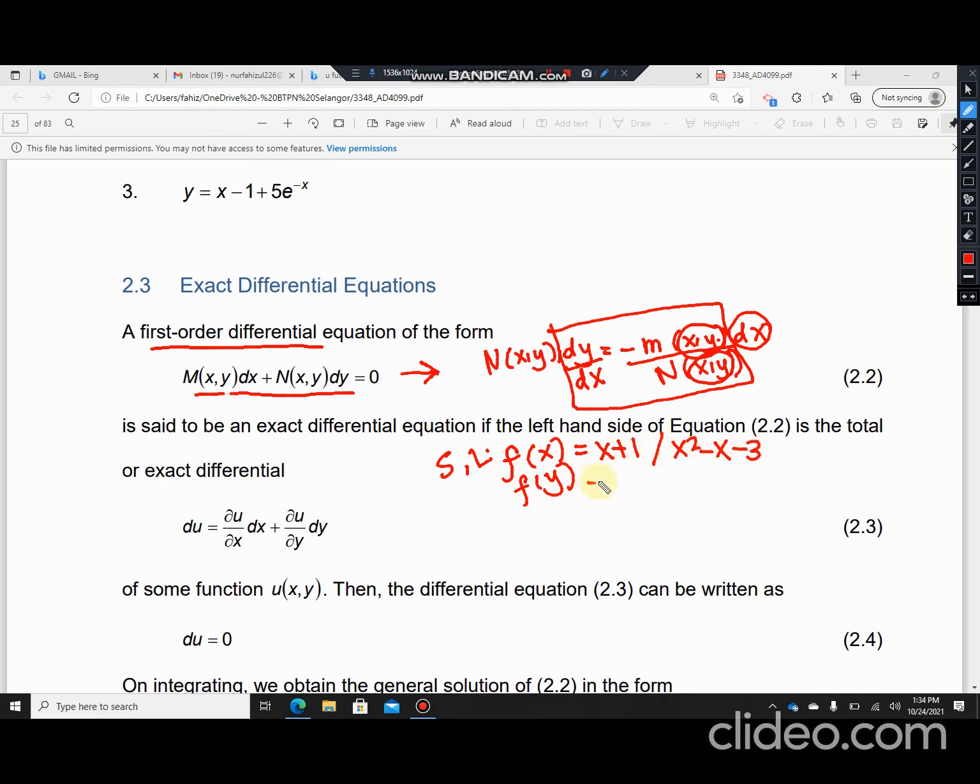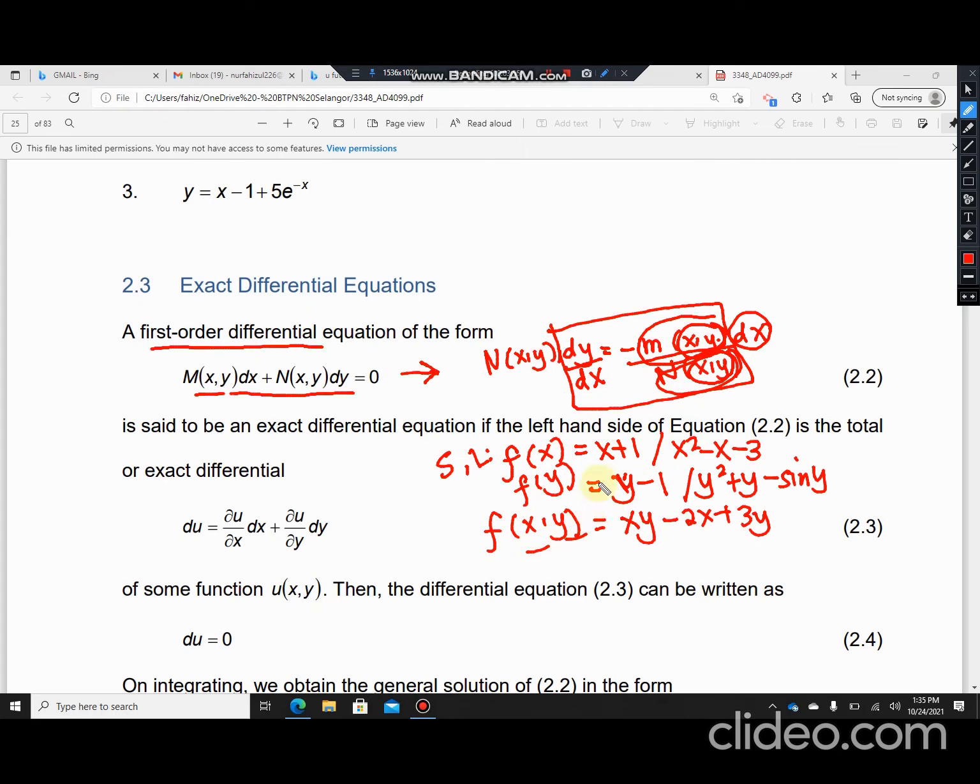And for just a function of y, for example y plus 1 or y squared plus y minus sin y. This one we can call a function of x and a function of y. But if I put f(x,y), the function may include both variables x and y, for example xy minus 2x plus 3y. So if the function is put in the form M(x,y), N(x,y), it means it involves both x and y.